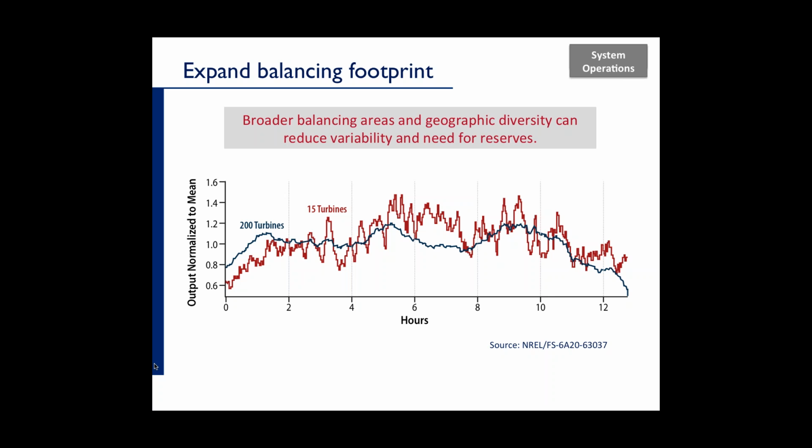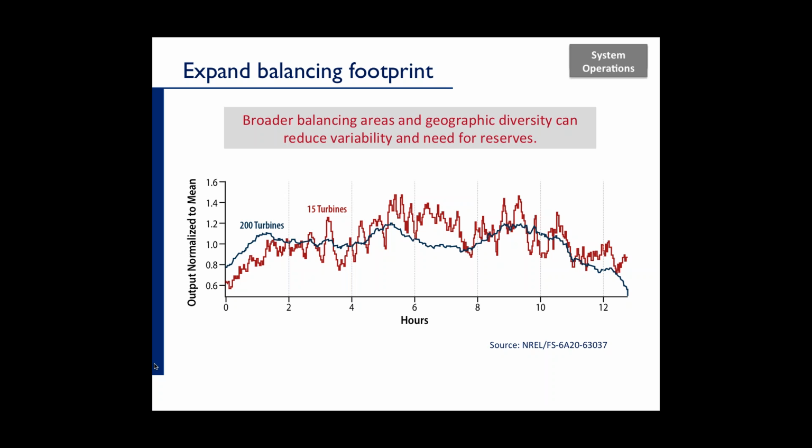So one region might be experiencing an increase in demand at the same time a neighboring region is experiencing a decrease in demand. So if they can net out their demand changes, everybody can dispatch their units less, which results in cost savings. The other thing that happens, which is what this graph shows, is that the variability of variable renewable energy is reduced over large areas.